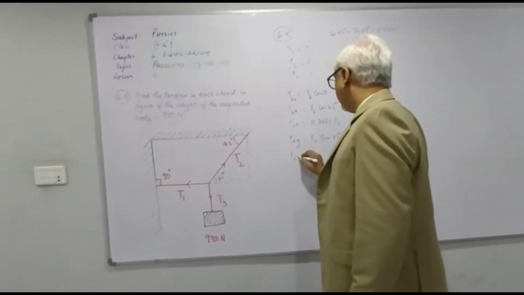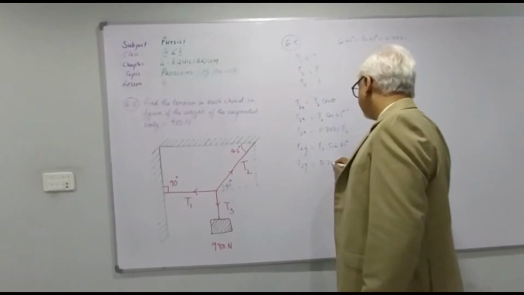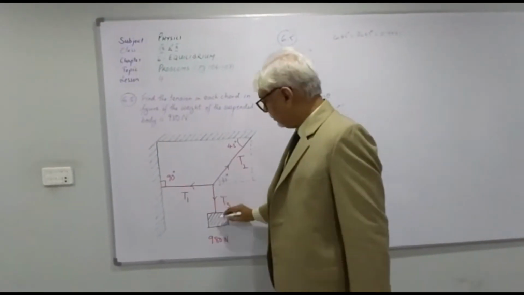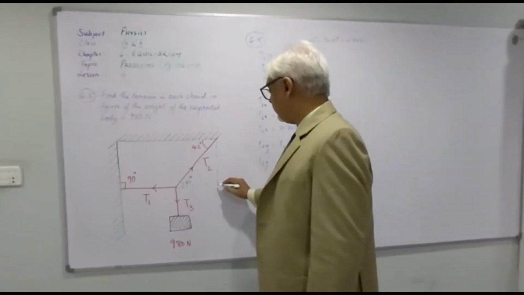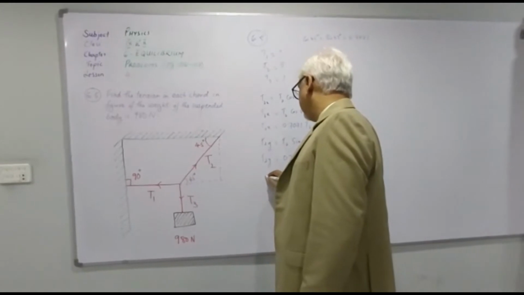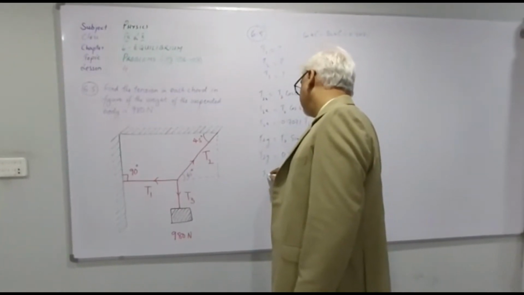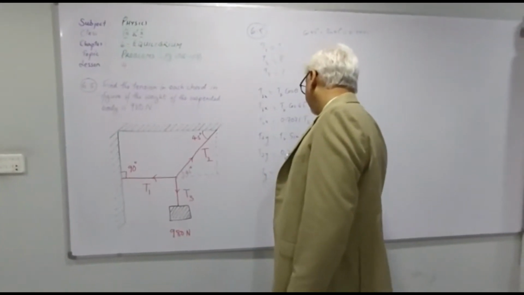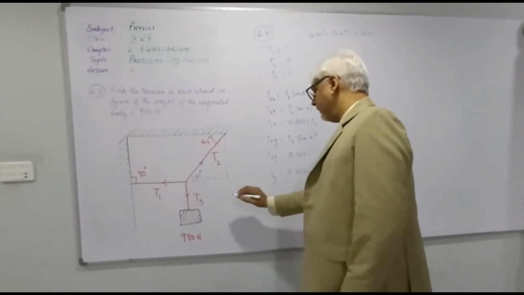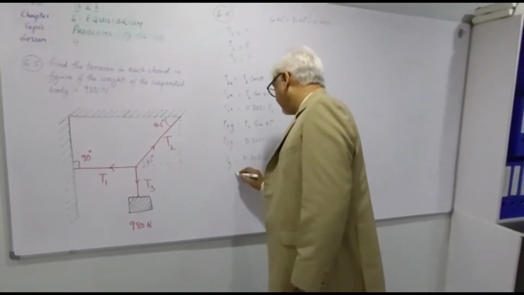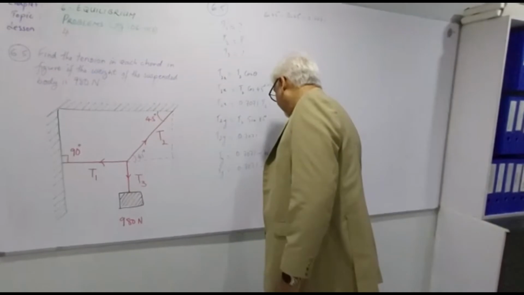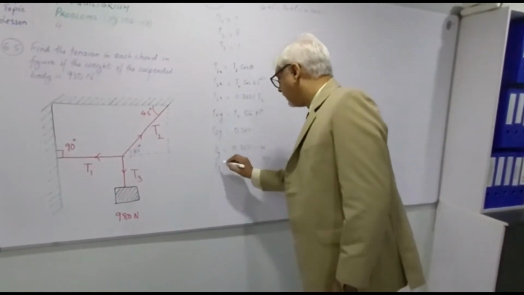So T2y is 0.7071 T2. Now there is a weight acting downward, so Ty is equal to 0.7071 T2 minus the weight W, and W is equal to 980 Newton.